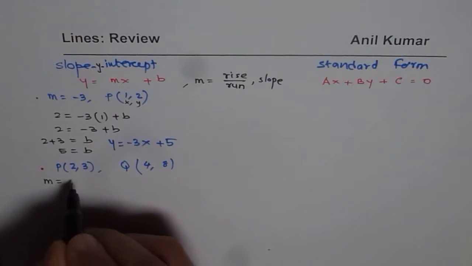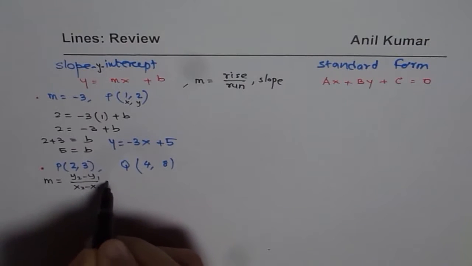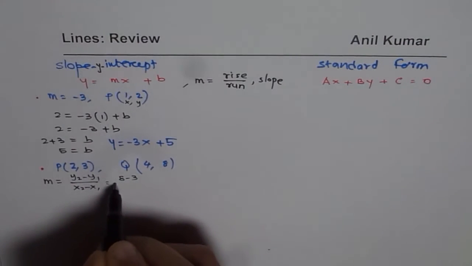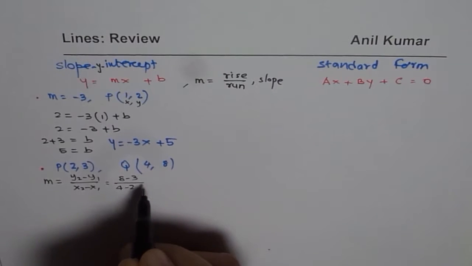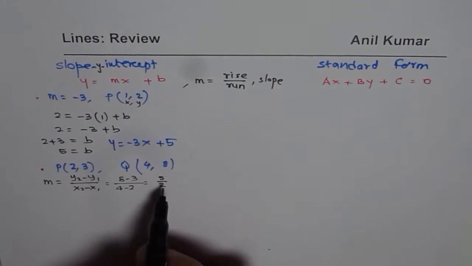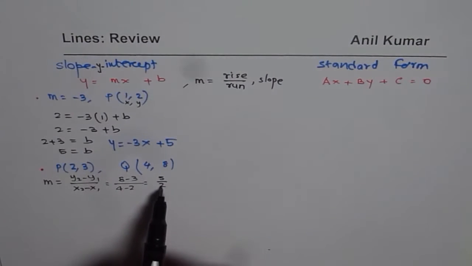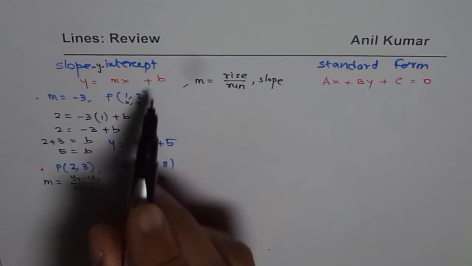So m, the slope, will be the change in y over the change in x: y2 minus y1 over x2 minus x1, which is 8 minus 3 divided by 4 minus 2, or 5 over 2. Once you know the slope, you can write in this form, and then you can use one of the points to calculate the y-intercept.